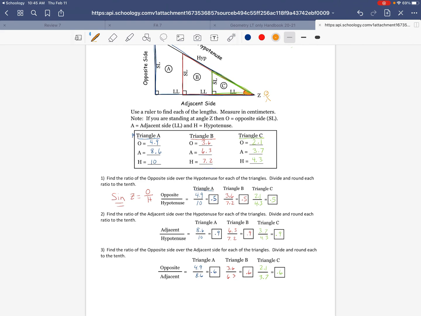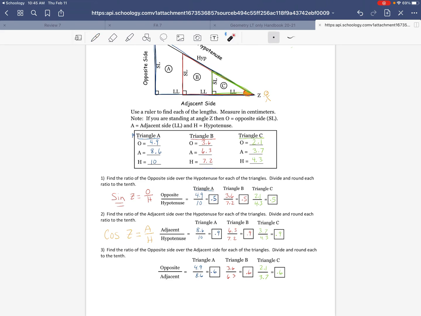Now, it's only 0.9 for this given angle measure. If I extend Z to be bigger, the ratio changes. If Z becomes smaller in degrees, then the ratio changes. But this ratio of adjacent to hypotenuse is called cosine. So my cosine of my angle Z is always the adjacent side over the hypotenuse side.